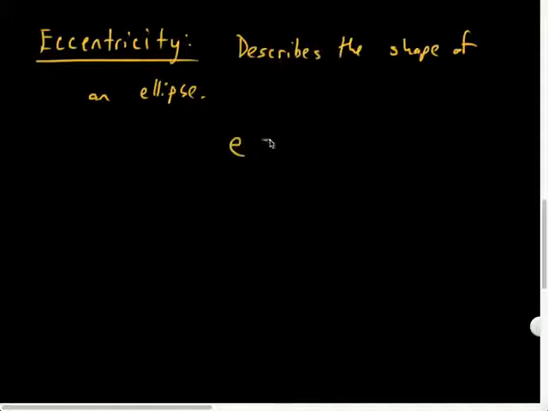It describes the shape of an ellipse. And it's actually something that will show up in other conic sections as well, or at least hyperbolas. I guess parabolas don't have an eccentricity. And E, the eccentricity, is defined as the ratio of C over A.